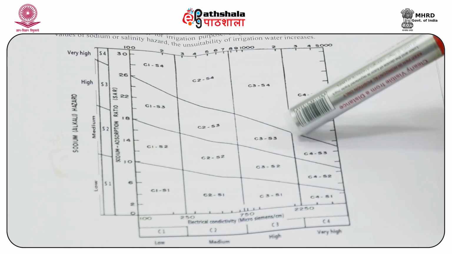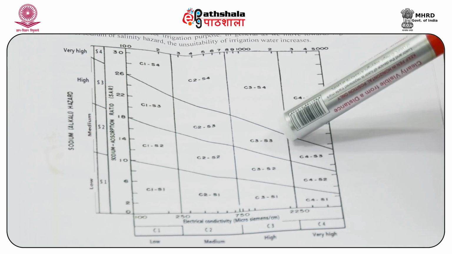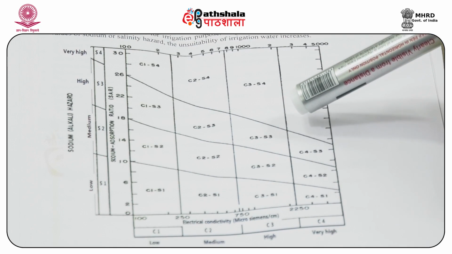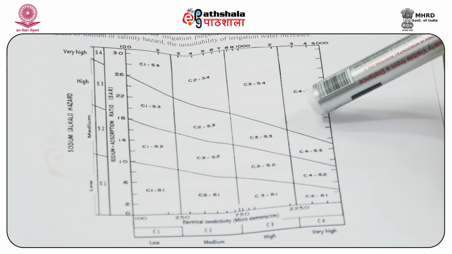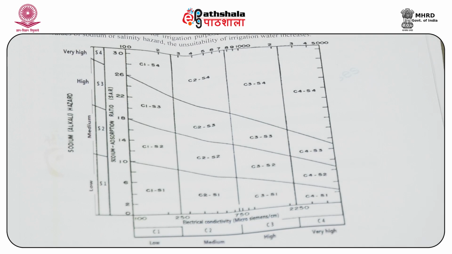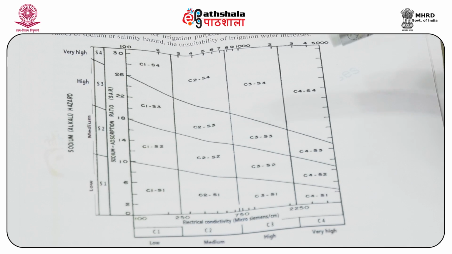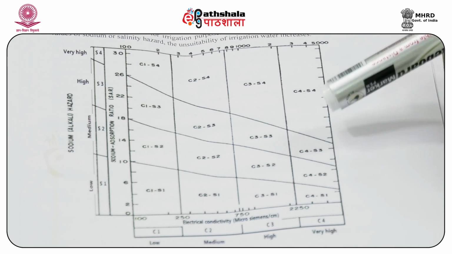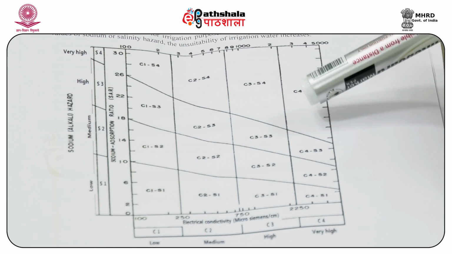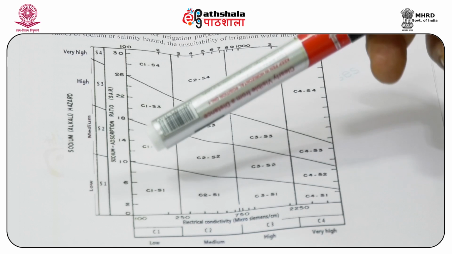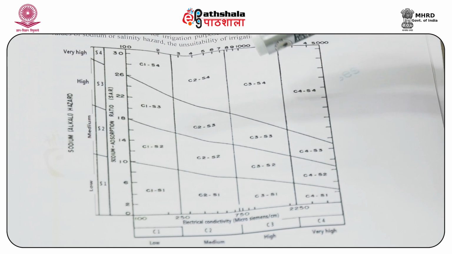If it falls here, C4, S4, that's unsuitable for irrigation. Let's not be pessimistic. Then you have to be rather concerned about the other measures which need to be adopted to increase the crop productivity in this area. And so you can plot some 100 or 1,000 of samples here and classify suitability of irrigation water.